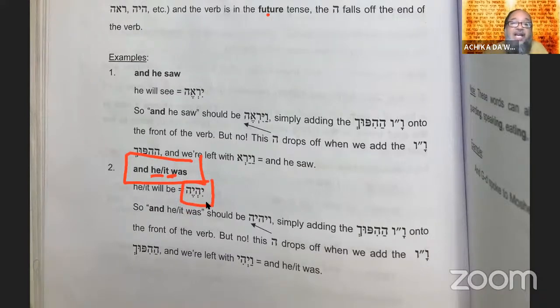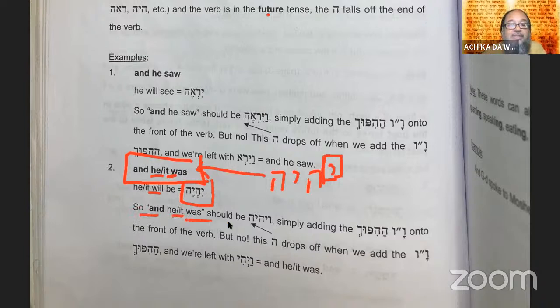If you're going to change that from haya, because that's what it would be, a hey, a yod, and a hey, the moment that you put a yod on the front of it, it becomes will, because it's a future tense, and I just added a letter to the root. And he, it was, should be this, but simply by adding a reversing wa to the front of the verb, the hey is going to drop off.